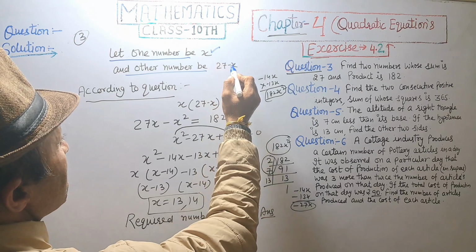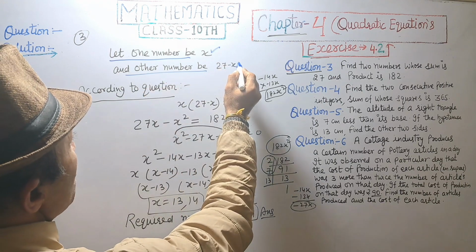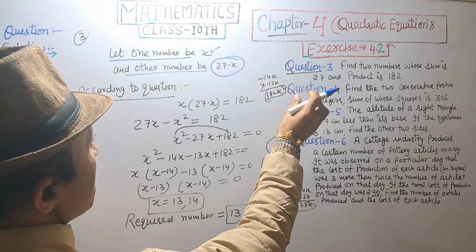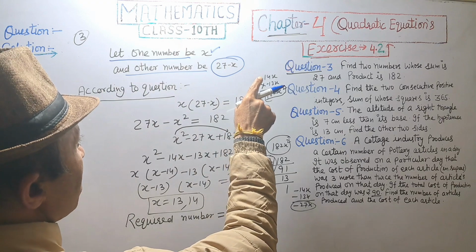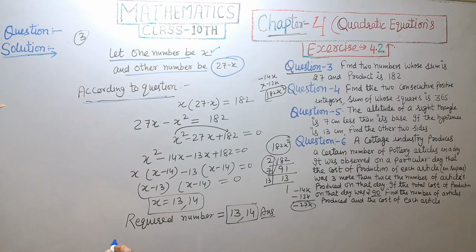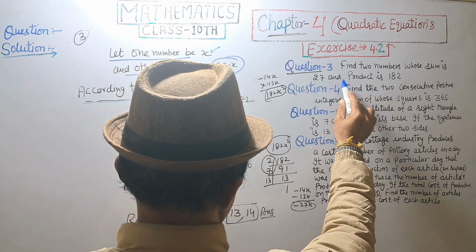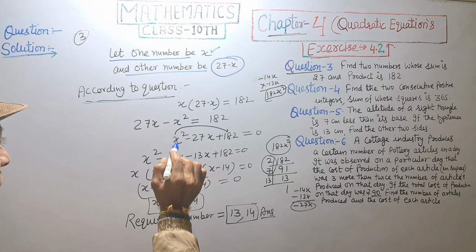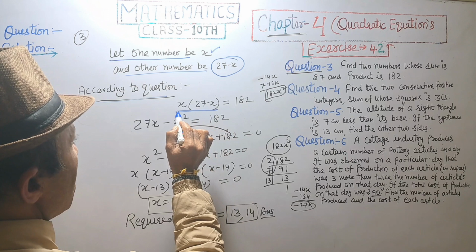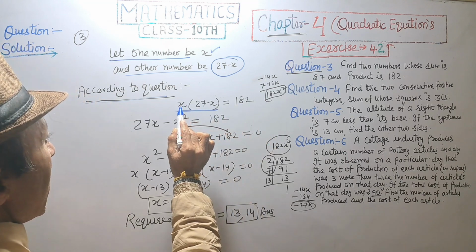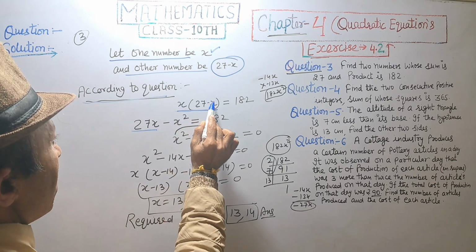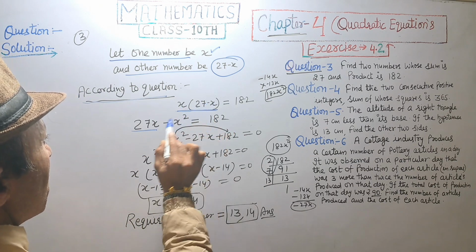According to the question, the product is equal to 182. x into 27 minus x equal to 182: x multiplied by 27 is 27x, and x multiplied by x gives minus x square.